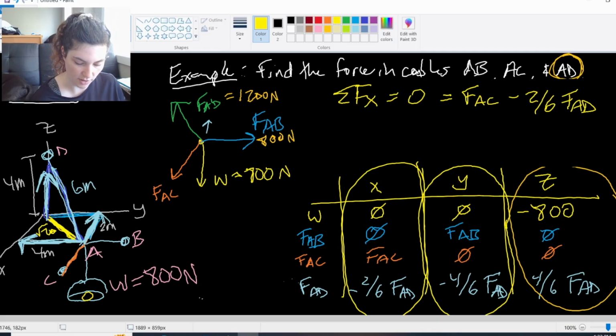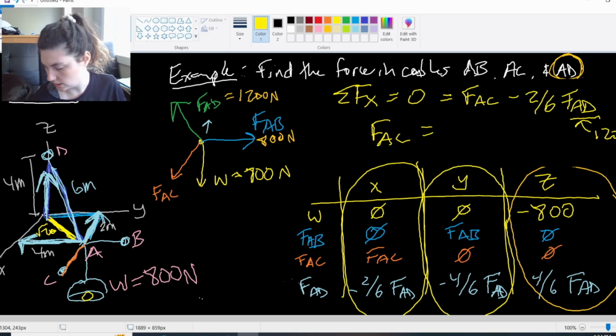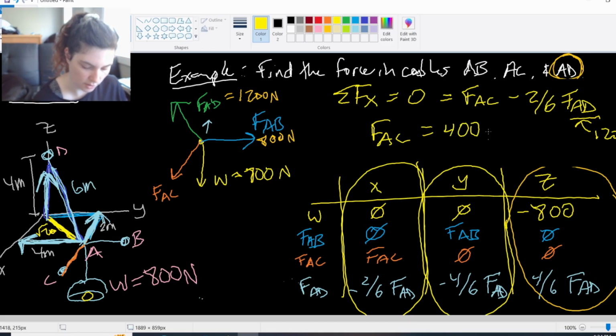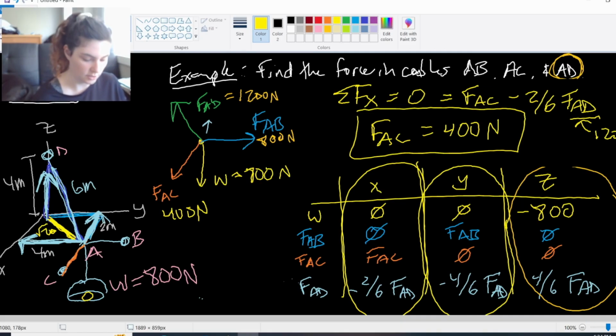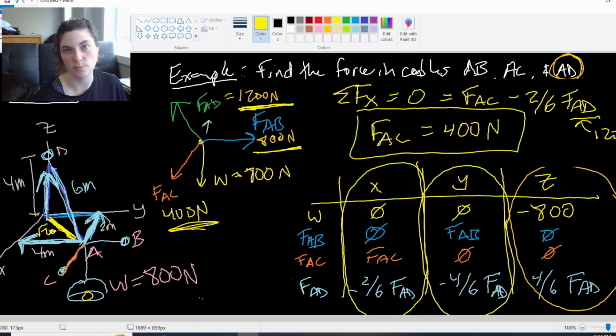And again, FAD we found was 1200. So plugging that into my calculator, FAC equals 2/6 times 1200 is 400 newtons. So that would be my three answers. My FAB is 800, FAC is 400 newtons, and FAD is 1200 newtons. That's the force in each of my three cables.